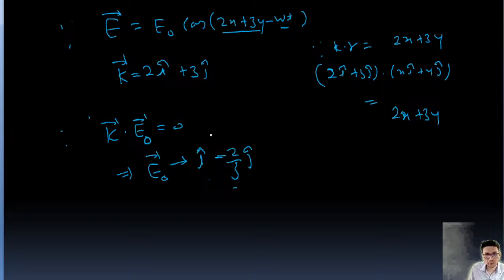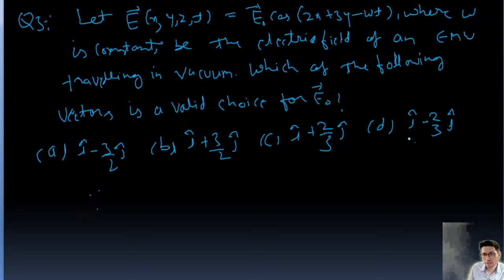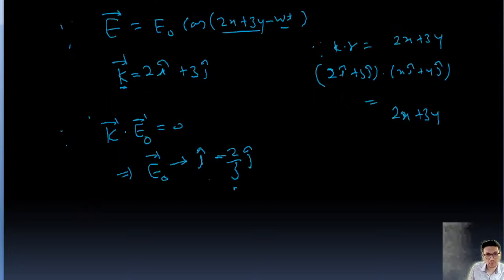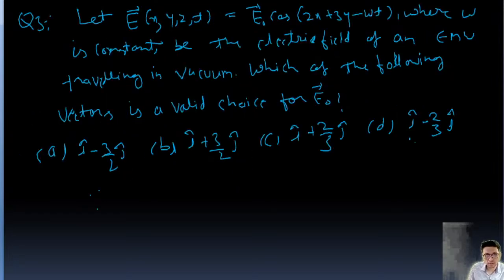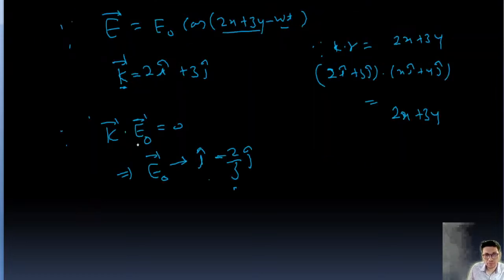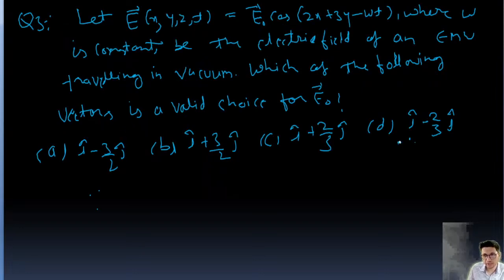How have we got this value? I'll explain this as well. If we do the dot product of k with this vector, this is going to give 0.